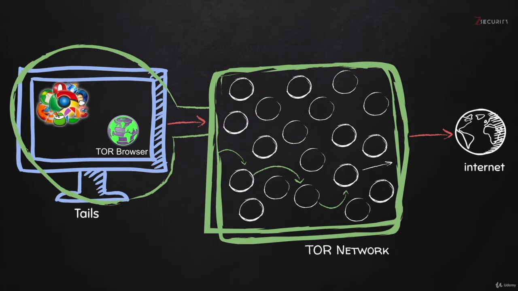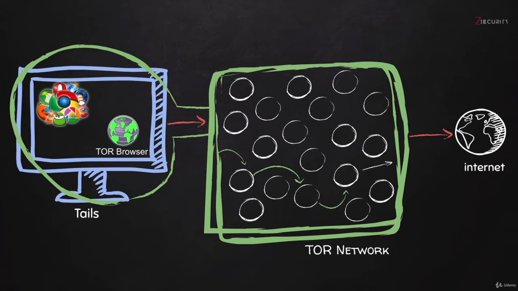The only problem is sometimes you actually need to access the internet directly, or you need a browser that will not use the Tor network. For example, if you're trying to connect to a captive portal. What I mean by a captive portal is a network similar to the networks you see in airports, universities, or coffee shops, where once you connect, you have to log in or you have to authenticate.